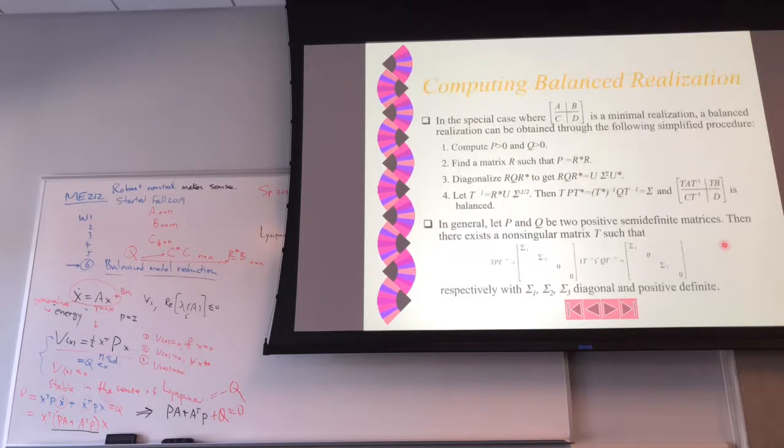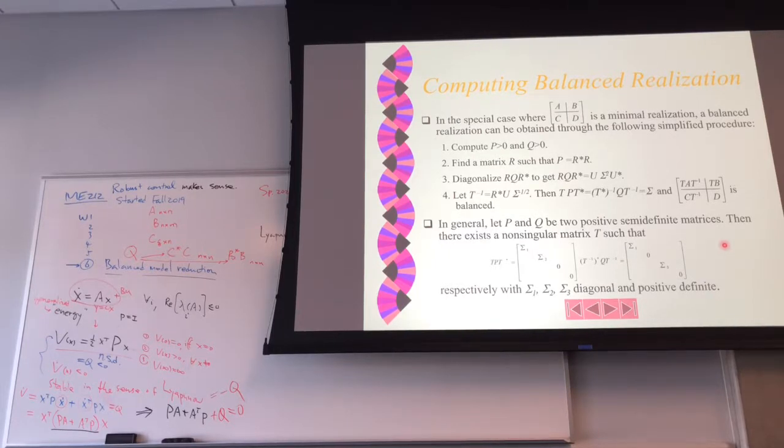So how to compute? I give you a G of S, then can you come up with A, B, C, D for me? That is the uniquely balanced minimum realization, equally controllable and observable. How to do that? Here are the steps.